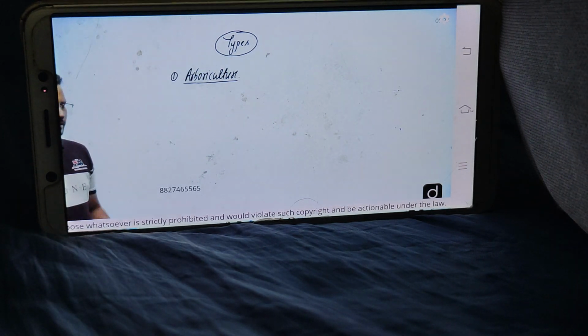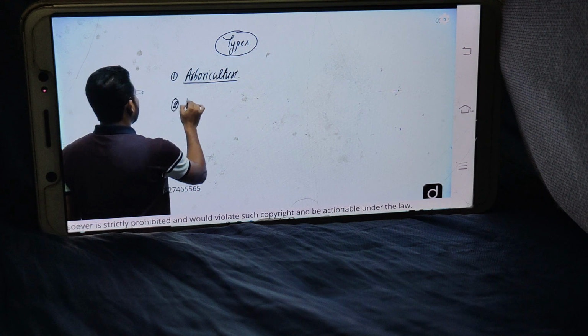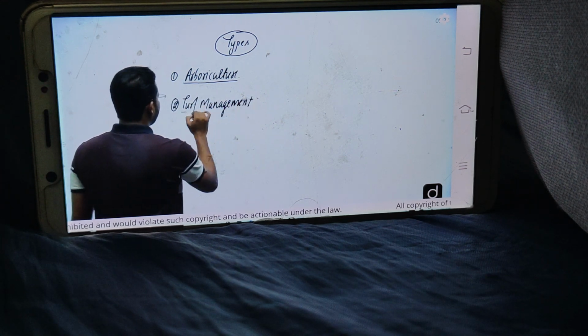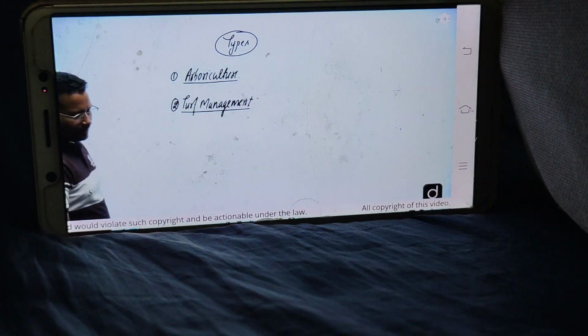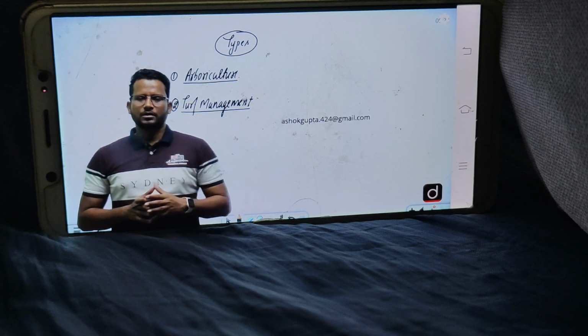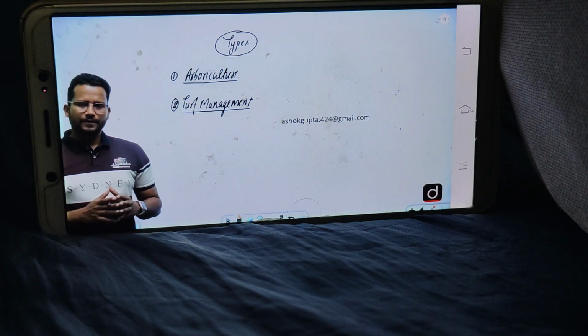Simple. The second one is known as turf management. Now, what is turf management? You can say turf management is also called pitch care. Pitch, cricket pitch बोलते हैं. Pitch care.